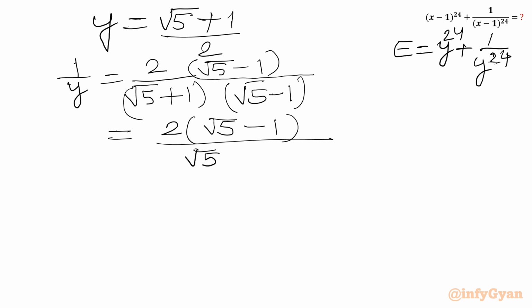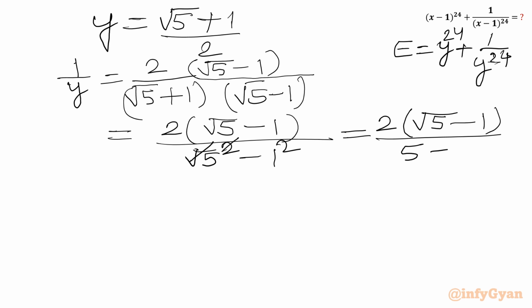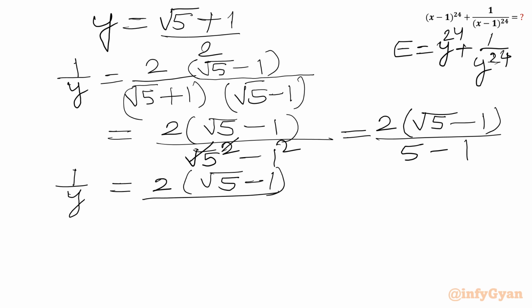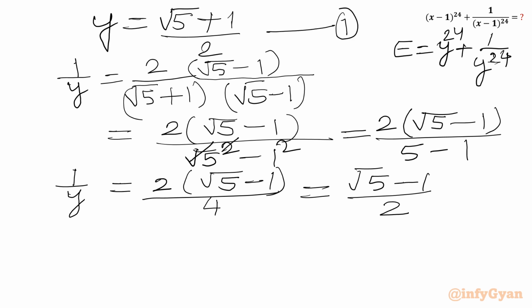We can use the difference of two squares formula and we will get root 5 square minus 1 square. Now square root and square will be over. So we can write 2 times (root 5 minus 1) over (5 minus 1). So 1 over y will be equal to 2 times (root 5 minus 1) over 4, or (root 5 minus 1) over 2.